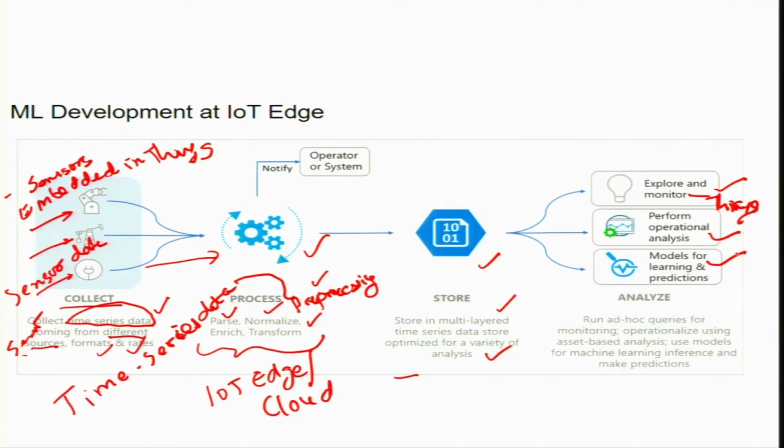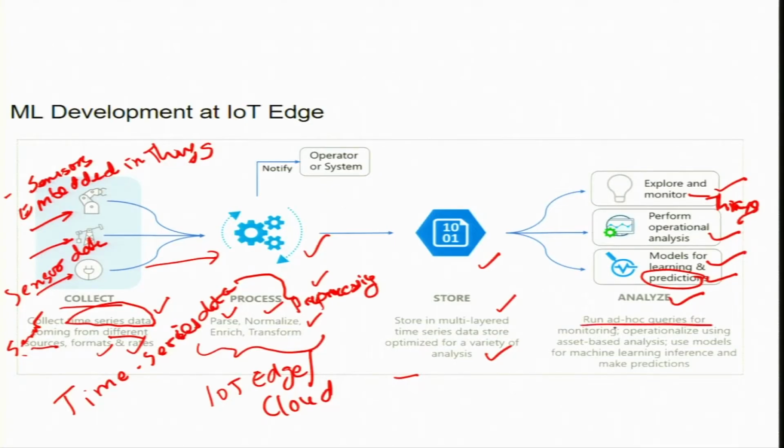Third, using this data which is put in the store, create the model using the machine learning algorithm, and this is called the learning phase. When these learning models are deployed and see the new data incoming from the sensor, they will be able to do the prediction. This is done in the analysis phase.